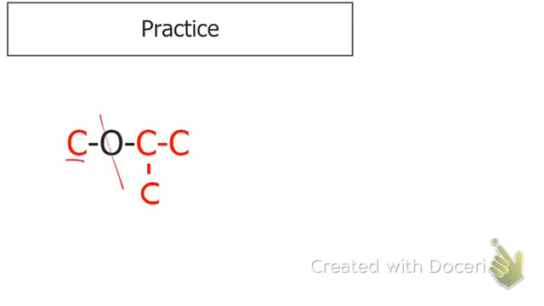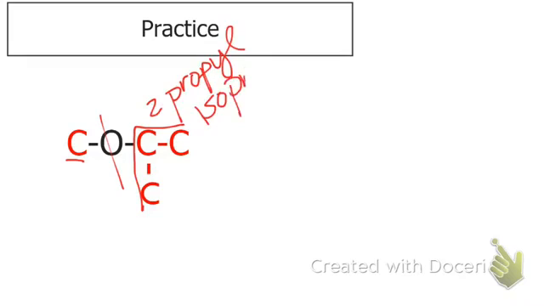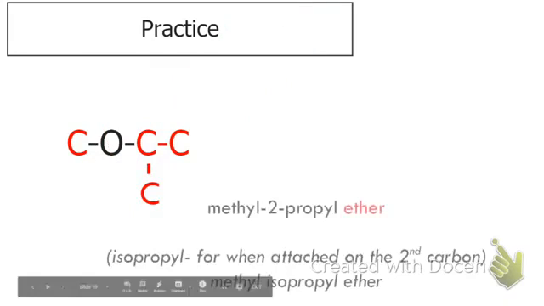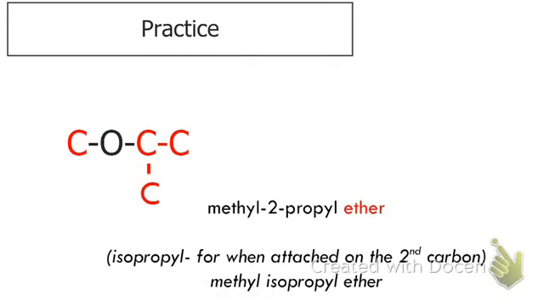This is methyl. This is propyl, but that carbon is connected in the center. So it is 2-propyl, or what they call isopropyl. So this then is going to be called methyl 2-propyl ether, or methyl isopropyl ether. Either name.